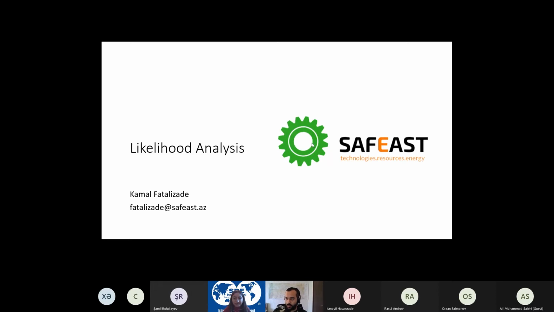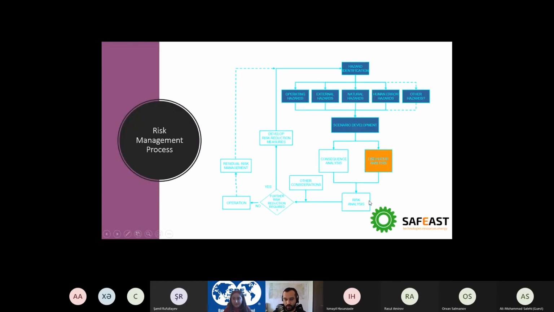So today we will talk about likelihood analysis, and whoever joined us in the previous two sessions, we talked about hazard identification and different methods, techniques, and if you still remember our risk management process. During the first 2 weeks, we talked about hazard identification and different types of hazards like operating hazards, external hazards, natural hazards, and any other hazard.